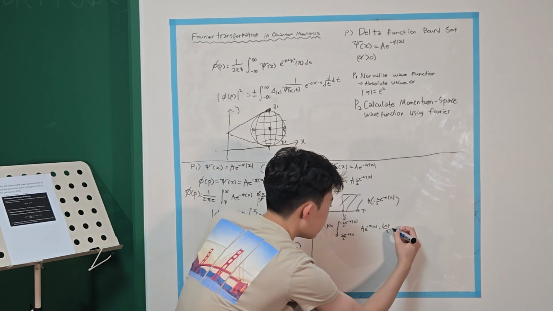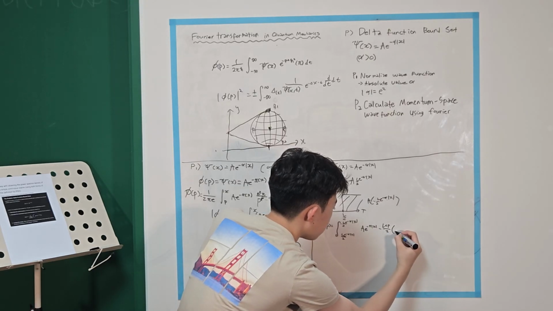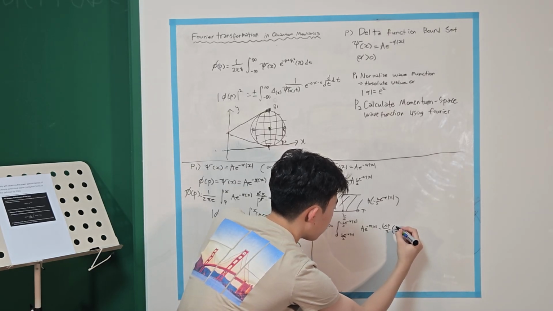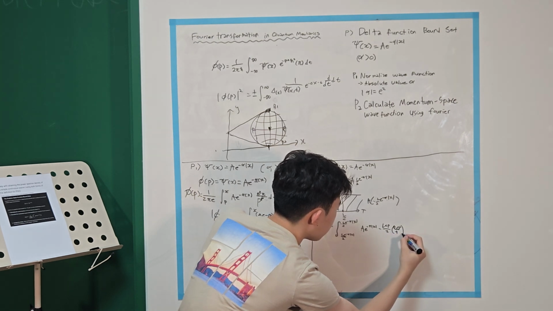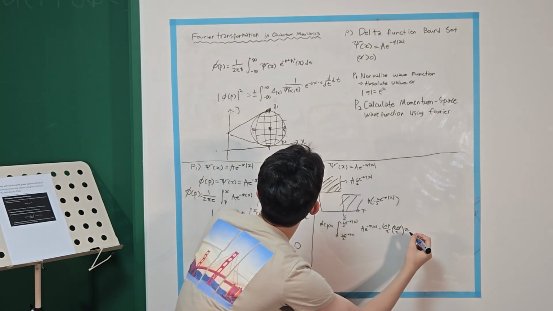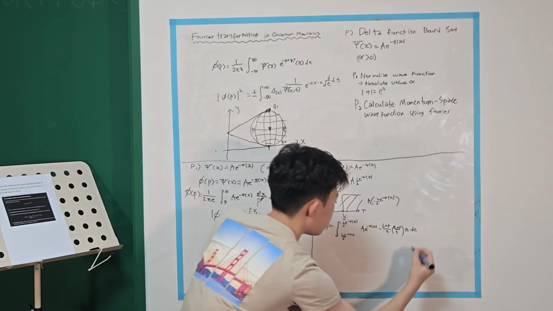Radius is times 4 over LE squared pi dt.